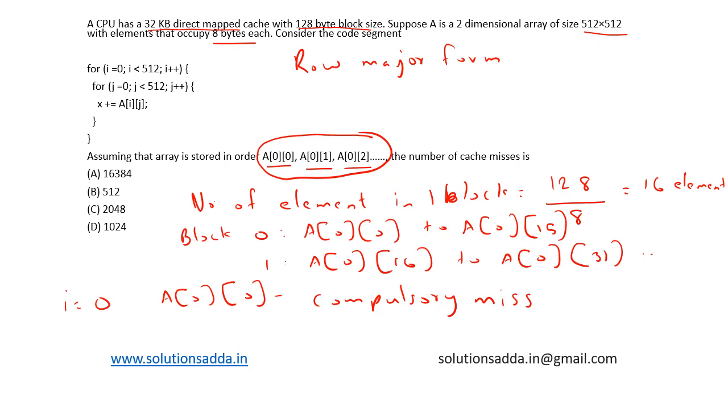So after every 16 elements, a miss will occur. So the total number of misses when i equal to 0: we have 512 iterations, 512 divided by 16, the number of elements in a block, so we have 32.